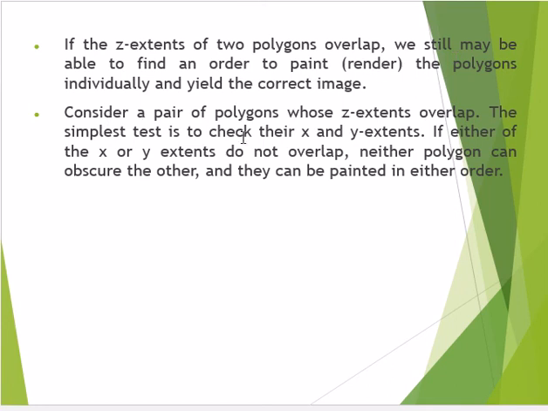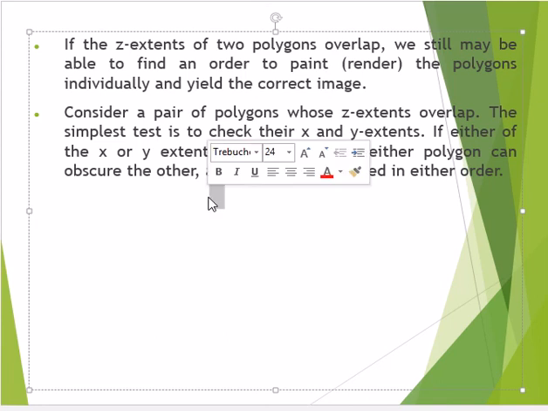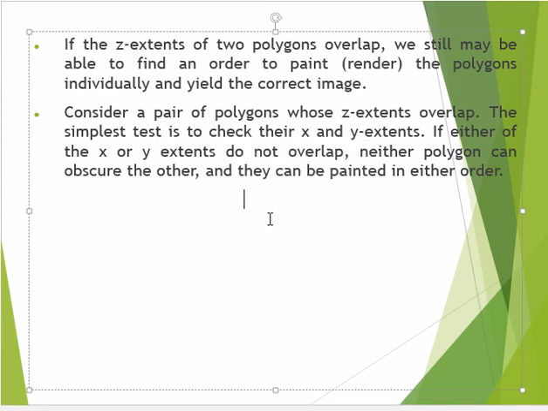So consider a pair of polygons whose z extents overlap. The simplest test is to check their x and y extents. If either of the x or y extents do not overlap, neither polygon can obscure the other, and they can be painted in either order.